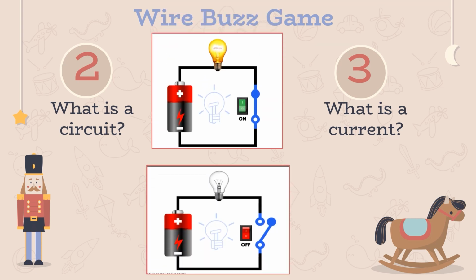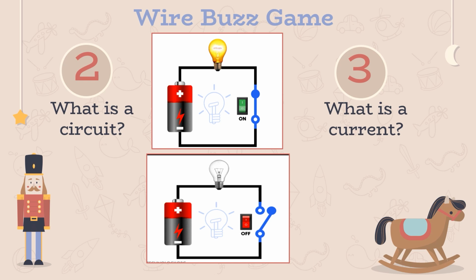If we compare these two pictures, in the first picture you can see that the bulb is glowing and in the second picture the bulb is not glowing. This is because the first picture shows a closed circuit and the second picture shows an open circuit. What is a closed circuit? Closed circuit means when we put on the switch, the current in the circuit starts to flow.